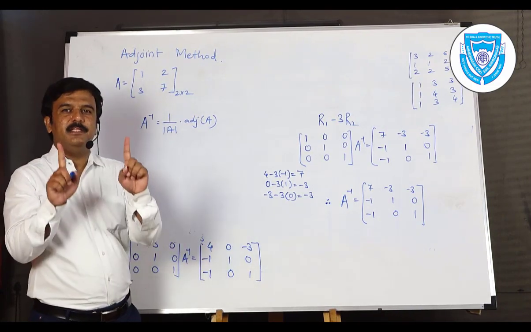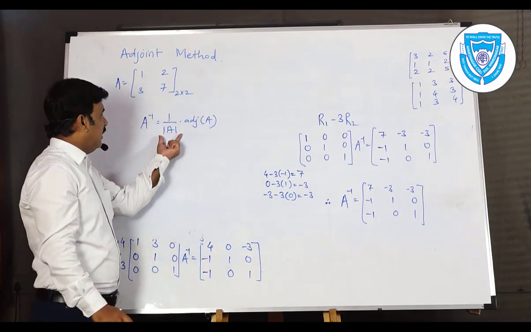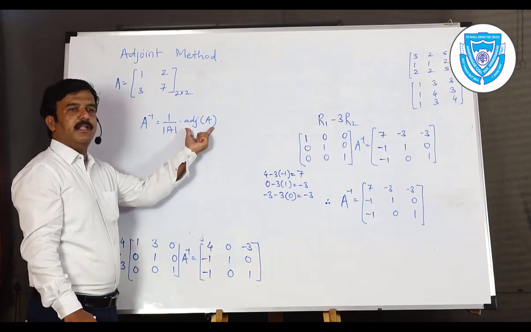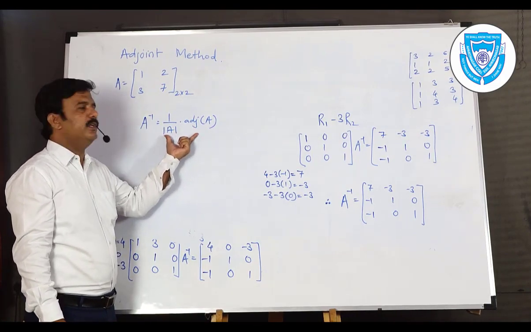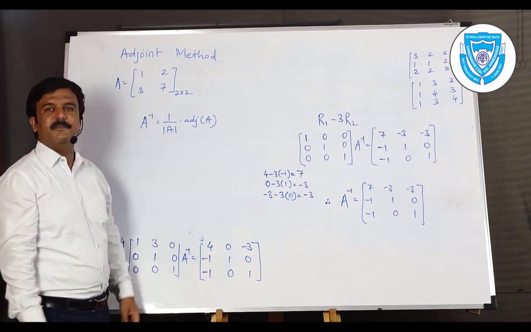We have to multiply the two things. This is a scalar quantity, whereas this is a matrix. The multiplication of these two gives us the inverse of the given matrix.